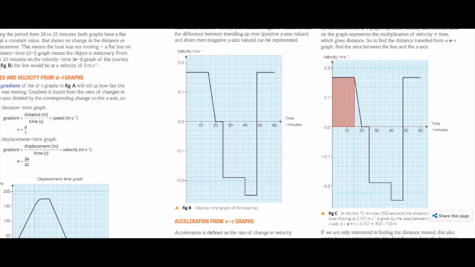So for example, let's say that the area of this triangle is 15 seconds multiplied by 0.16 meters per second. That gives you about, let's say, 2 meters. So what this is telling you is the change in displacement is 2 meters. It does not mean that the position is 2 meters. The position could be something else.